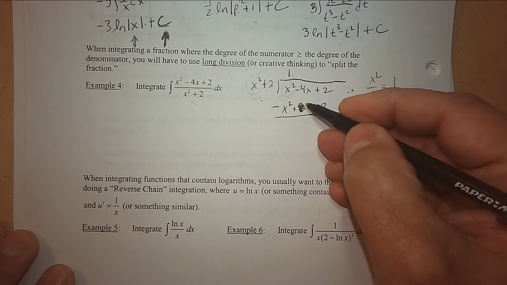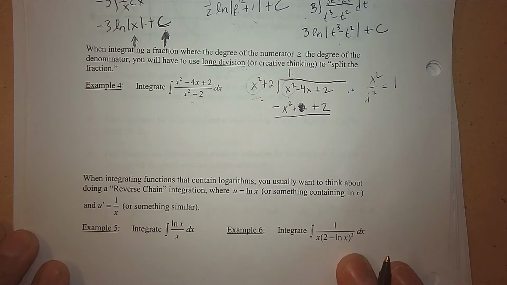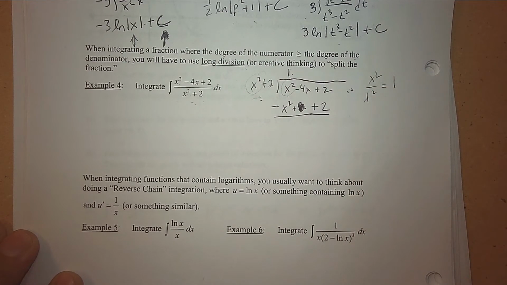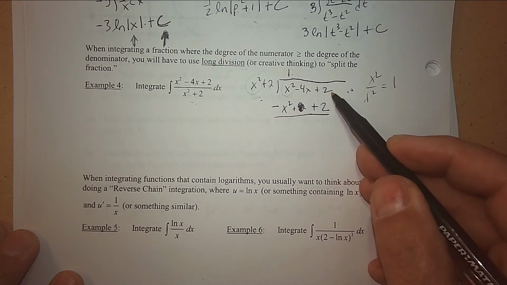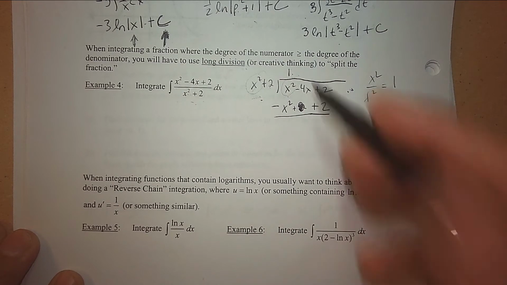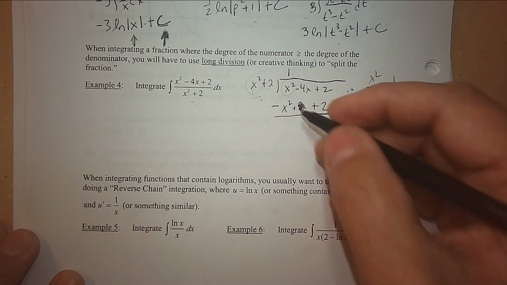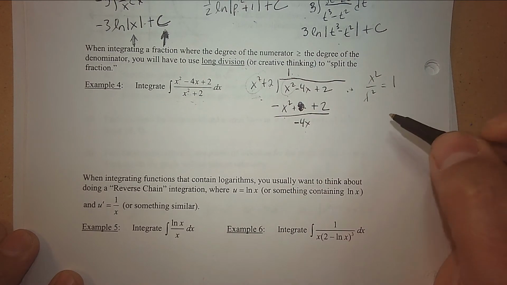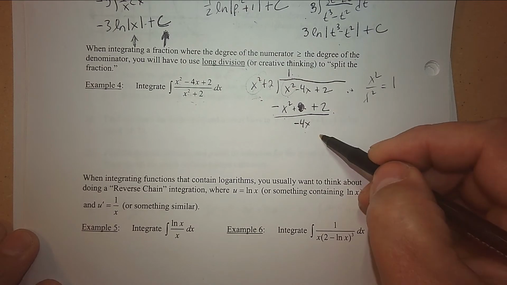If you like, you can put a 0x there. It doesn't matter. But make sure like terms are underneath each other when you subtract. So when I went 1 times 2, it needs to go under the other like term. X squared subtract x squared. Done. Negative 4x subtract nothing. And then 2 take away 2.